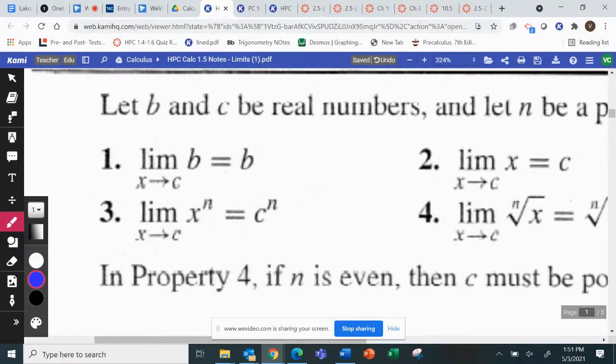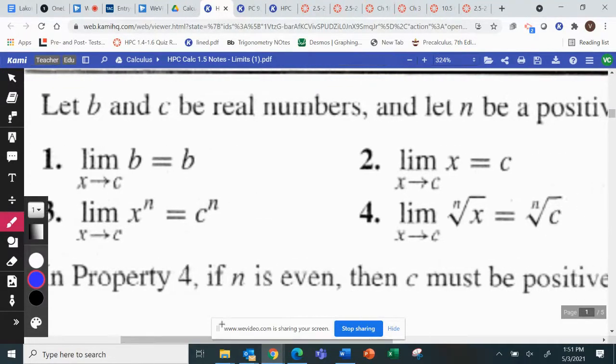And for number 2, if we have the limit as x approaches c of just x, well, I would plug c in and we would get c. If we've got x to a power, we would plug in c and we would get c to that power. That's what the limit would be.